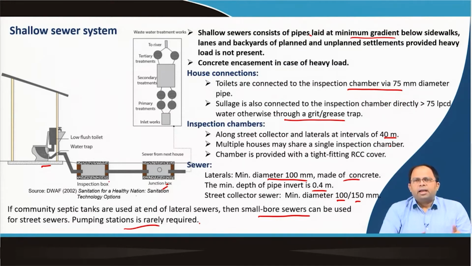Instead, we are having a septic tank maybe outside the community, where the entire sewage is brought through small diameter pipelines at shallow levels, below the drains or below the footpaths, and then we use these inspection boxes or junction boxes for further connections, through which the sewage is transported to a septic tank, maybe where it gets treated.